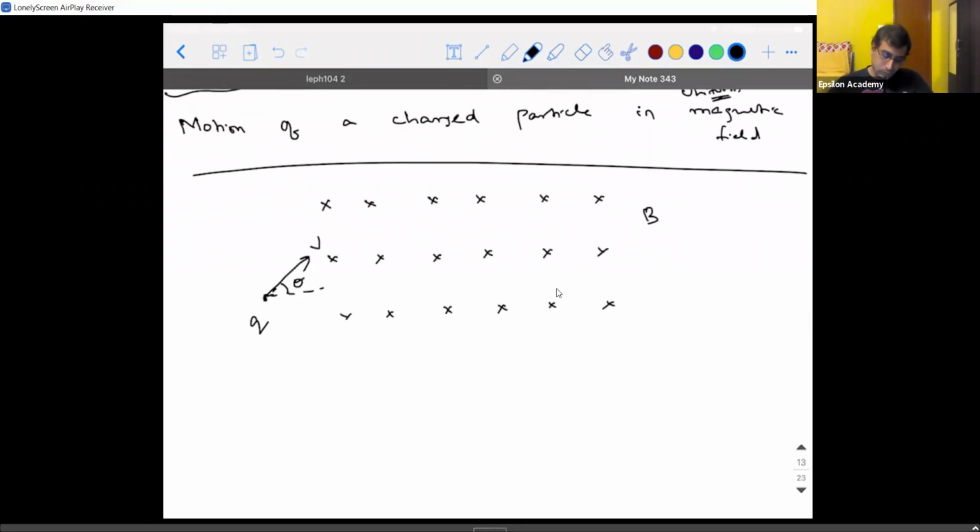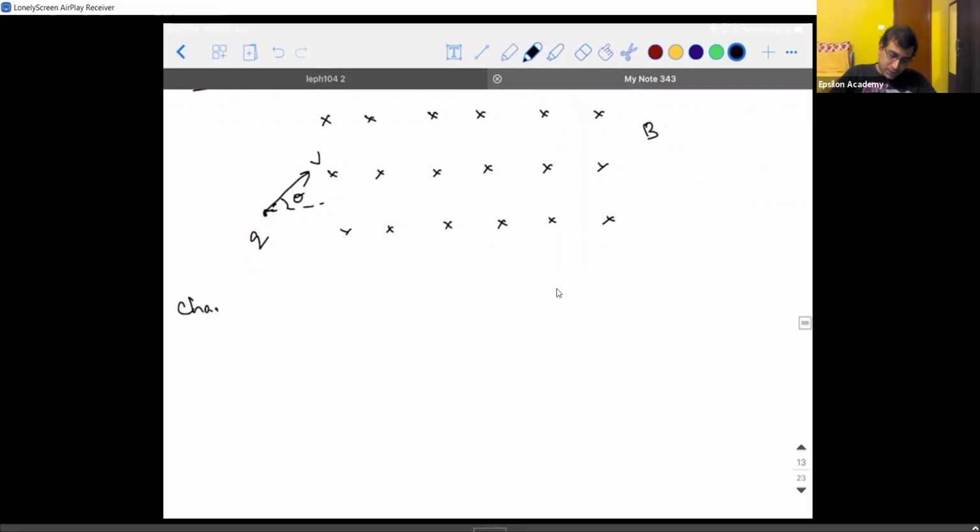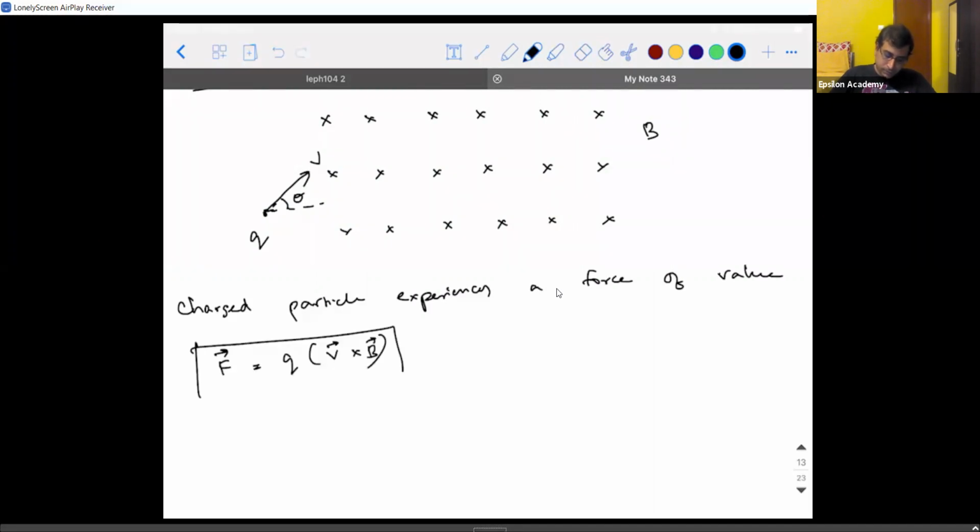Then the charged particle experiences a force of value F vector is equal to Q into V vector cross B vector.